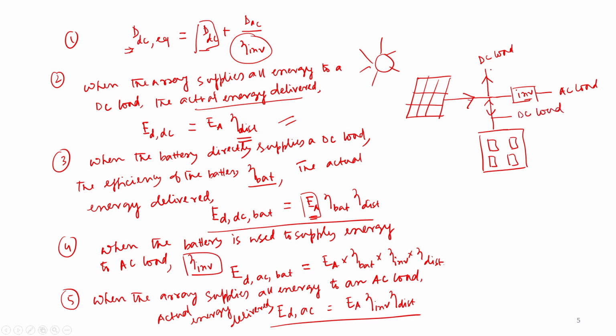So, without battery also you can use DC load, and with batteries also you can use DC load. This is how we can think while formulating these strategies for calculation of EA, the actual energy delivered by this module or arrays.